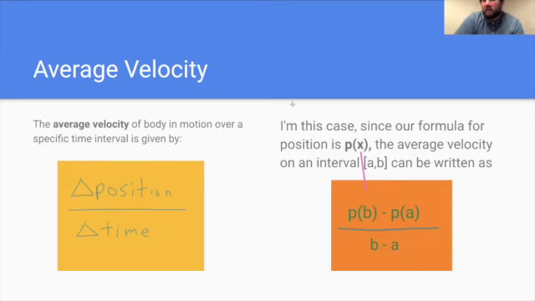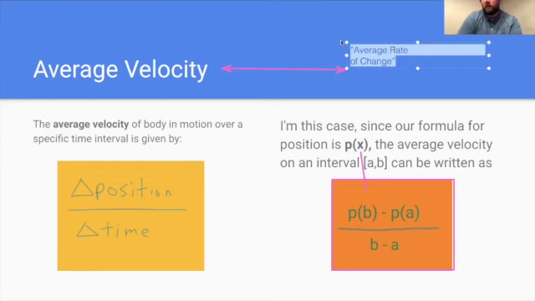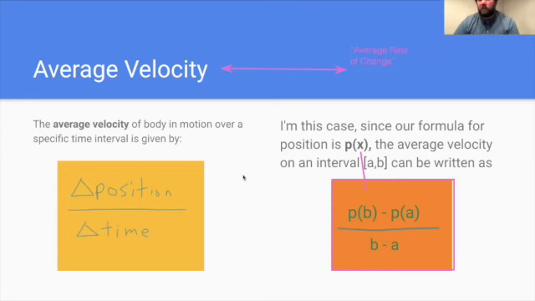And you'll remember this is the average rate of change formula. That's exactly the key idea here: average velocity is a special type of average rate of change. So everything we have learned so far about average rate of change carries over when we talk about average velocity.